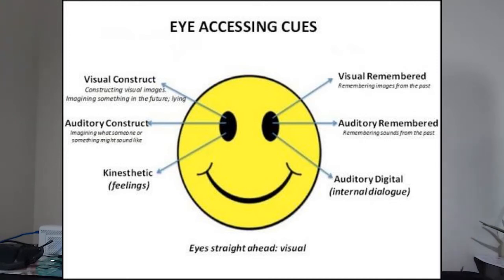If they're looking up and to the left or the right, though, that normally means they're more of a visual type person. You can tell whether they're visual not only by looking at their eyes, but by their language. An example would be if they said, I see what you're talking about.